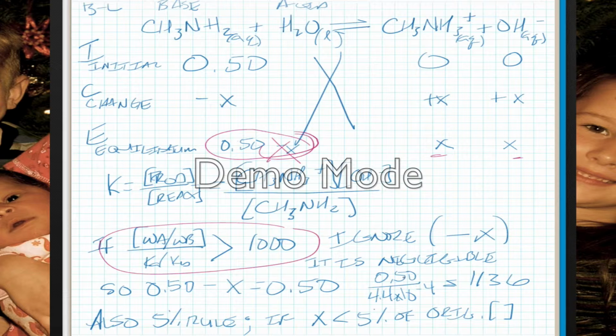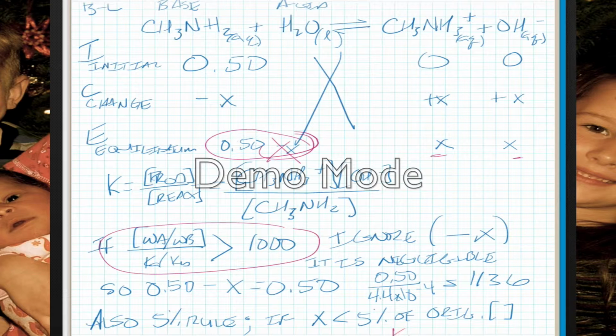And if we did the calculation, 0.50 divided by 4.4 times 10 to the negative fourth is equal to 1,136. There's also something called the 5% rule. When you find X, if it ends up being less than 5% of the original concentration, then you can ignore it.